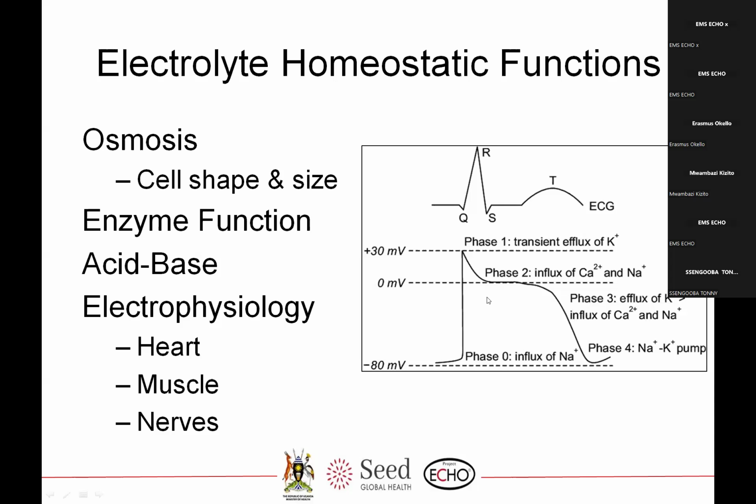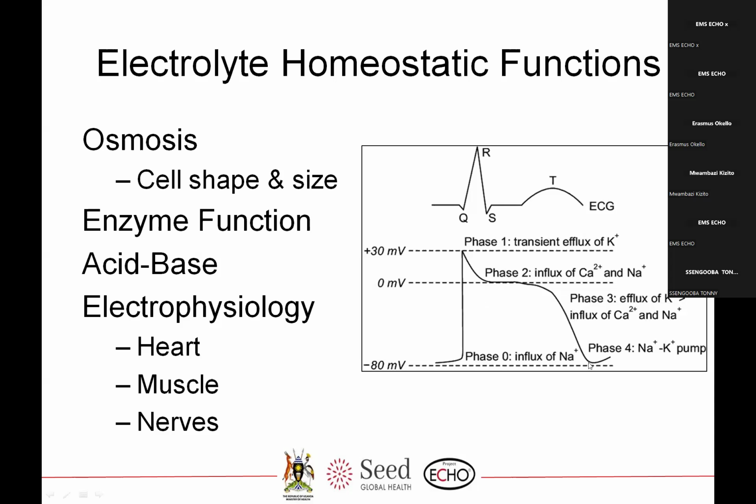Unfortunately, calcium entry is regulated by time, meaning that these channels open up and close quite quickly, allowing potassium to leak out in phase 3, which causes repolarization.